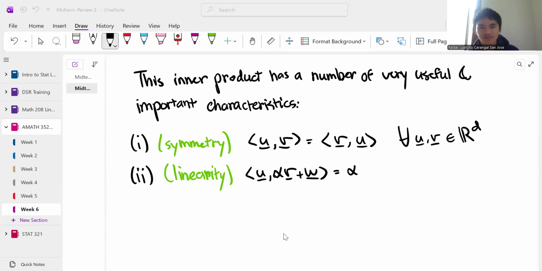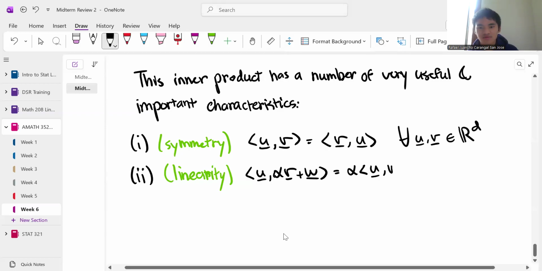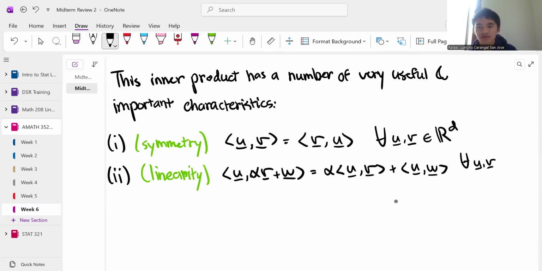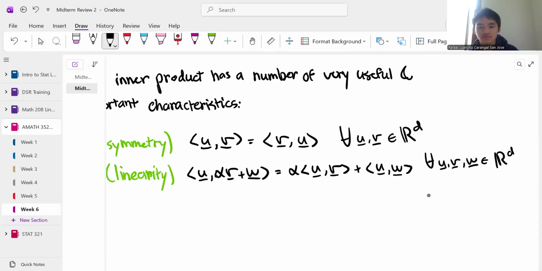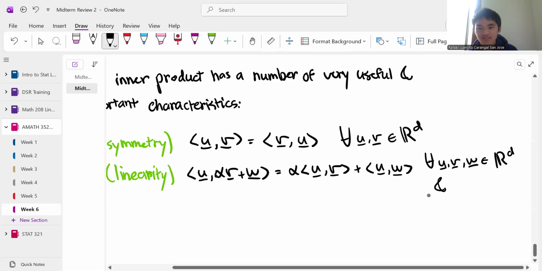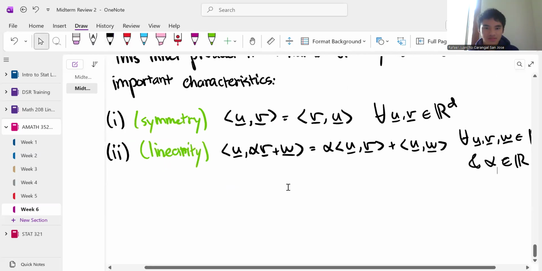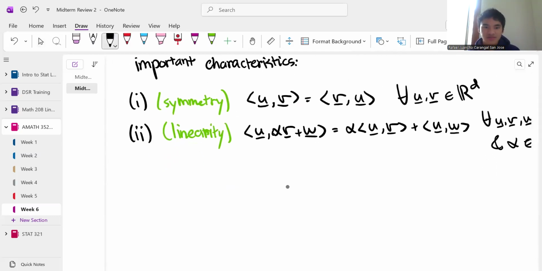This is alpha times the dot product of u and v, so we multiply this thing first, plus u dot w. And we say that all u, v, and w are in R^D, and alpha is a scalar in this case. We're going to prove this later.